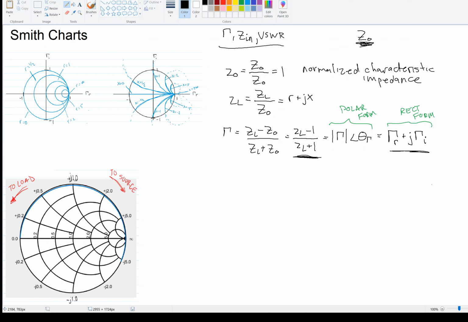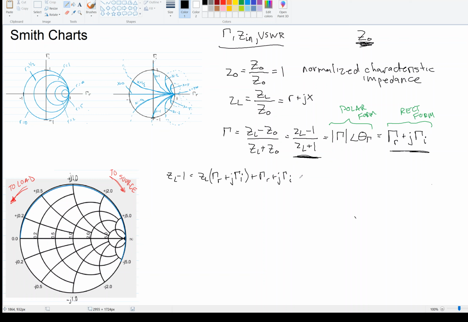So if I cross multiply, I have zl minus 1 equals zl times gamma r plus j gamma I plus gamma r plus j gamma I, like that, cross multiply.